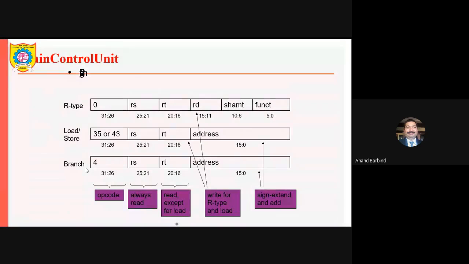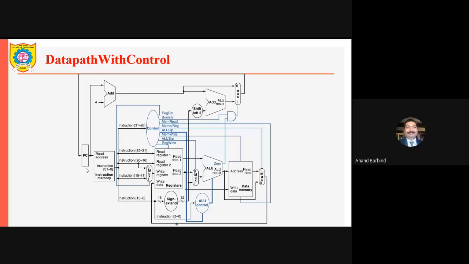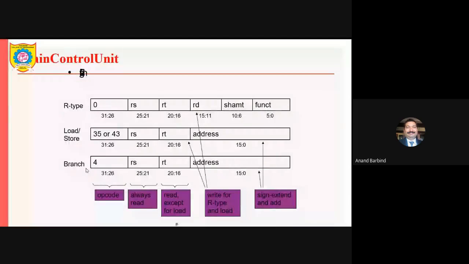We shall stop here now. In the next class, we shall discuss the data path with the controls, and later on we shall move on to the advanced operations with this particular MIPS processor.